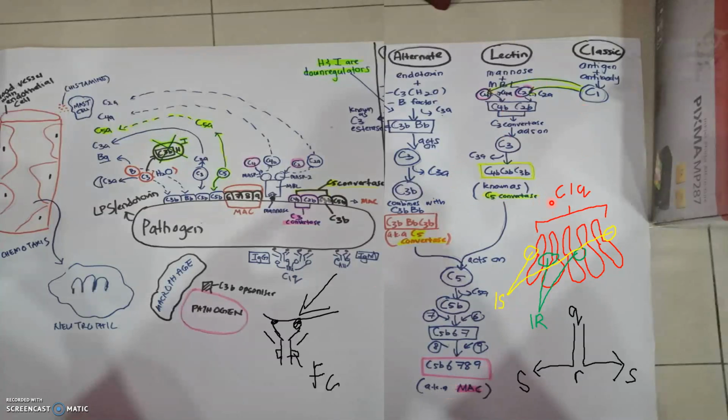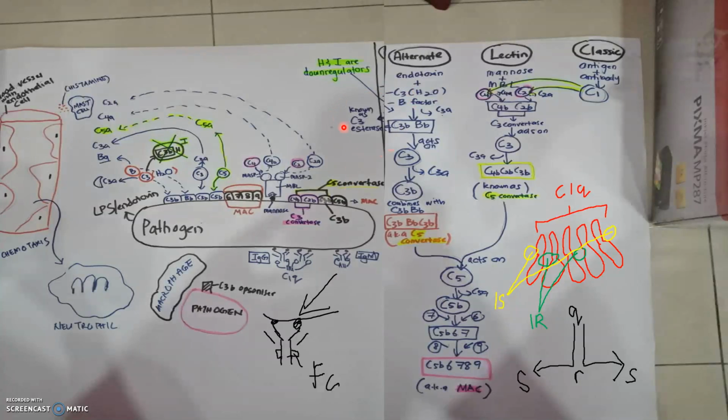When we're talking about the alternate pathway and classical pathway, we have regulator substances. For the alternate pathway, we have H and I factor. For the lectin pathway we don't have any regulator, and for the classical pathway the regulator is known as C1 esterase.